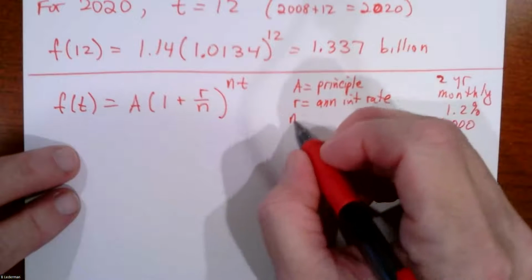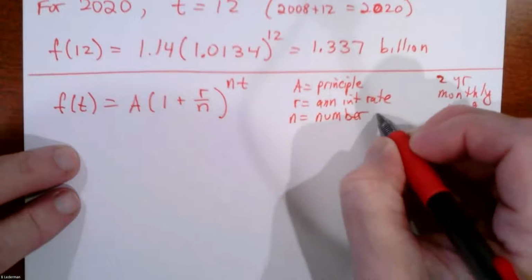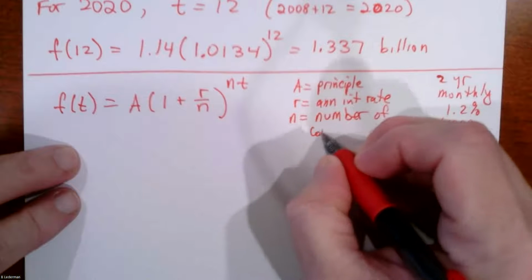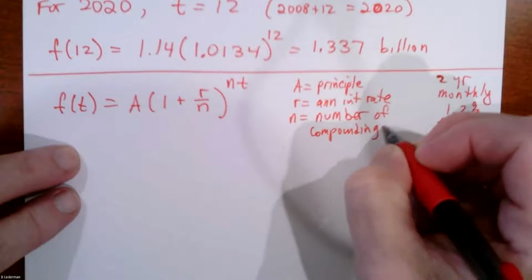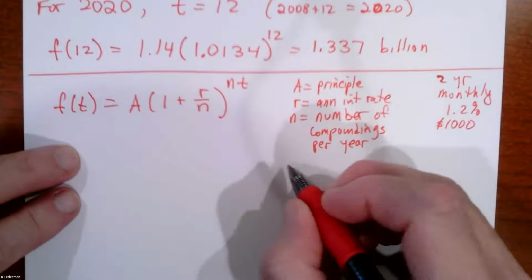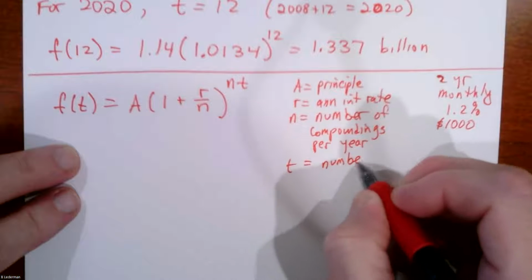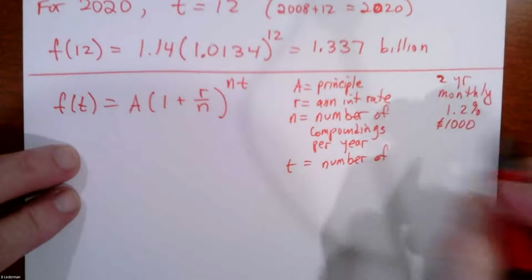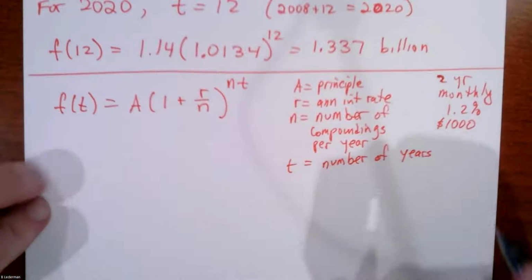And n is the number of compoundings per year. And t is the number of years.